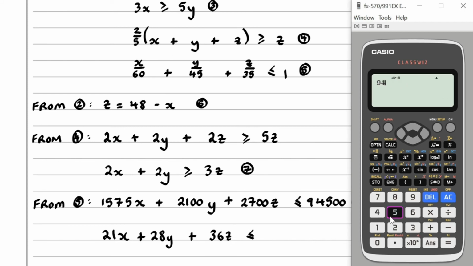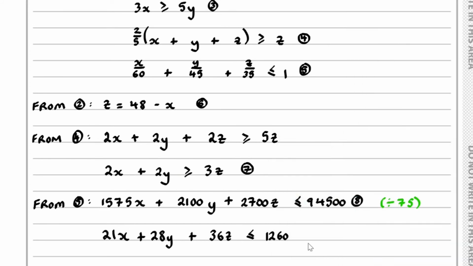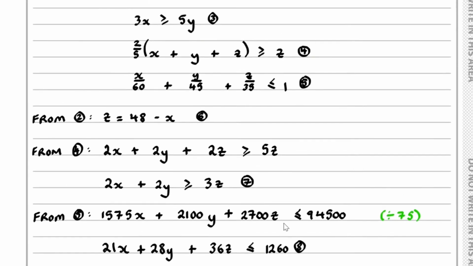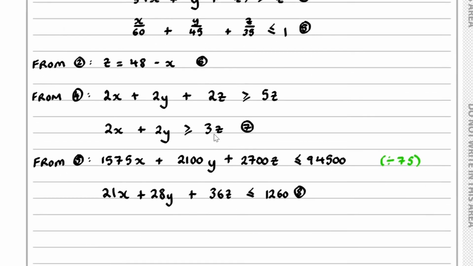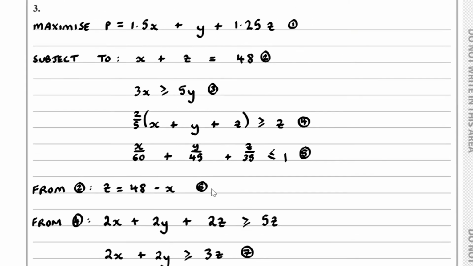And then 94500 divided by 75, that's 1260. So I can't simplify this any further. What I'll do is I'll call this equation 8 instead. So I need to substitute equation 6 into everything that involves a z.